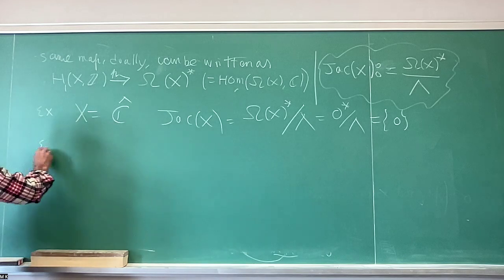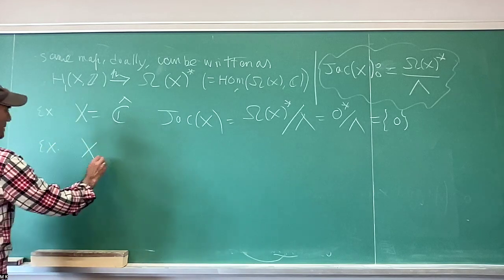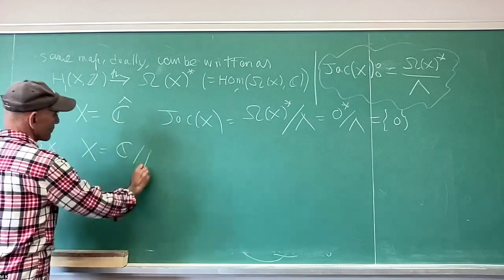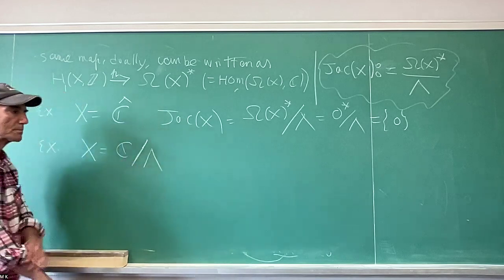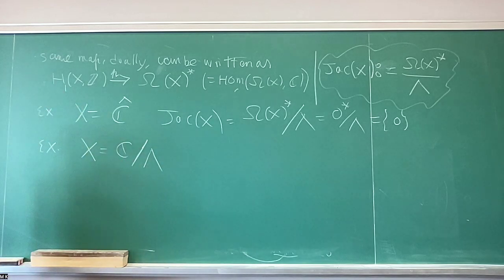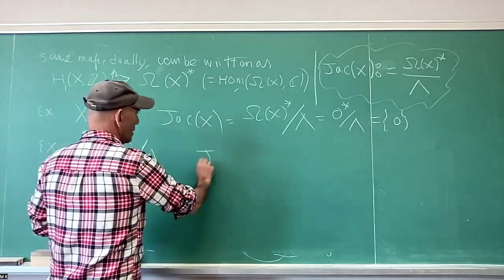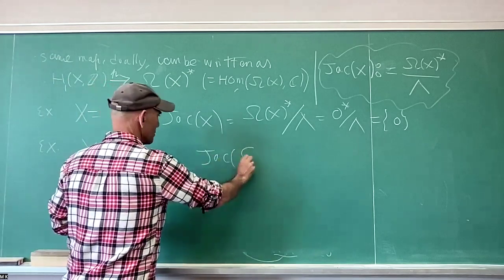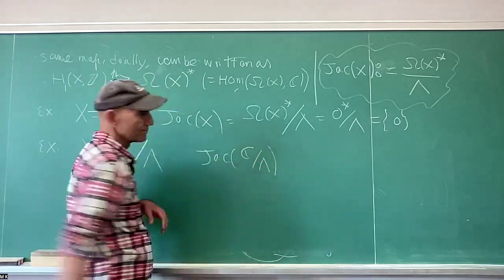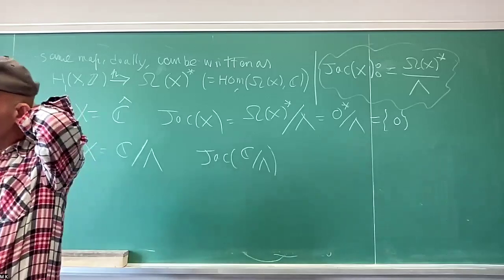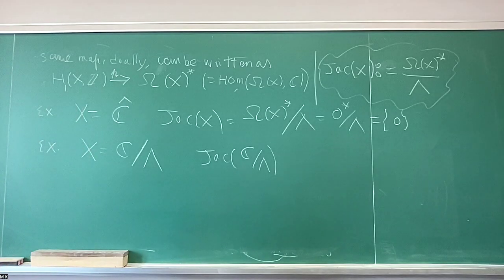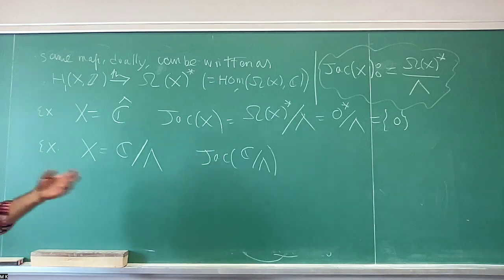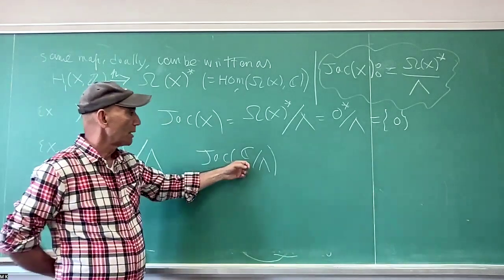So example 2: X equal to C over lambda, genus 1. What is the Jacobian of C over lambda? We have to look at holomorphic one-forms on C over lambda.